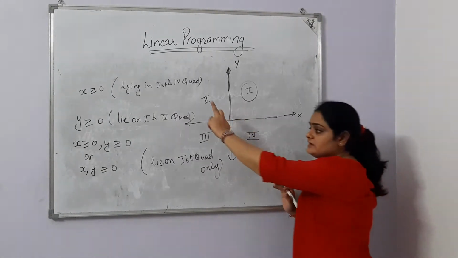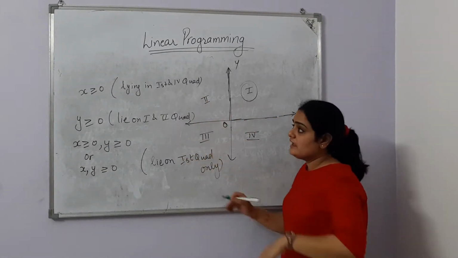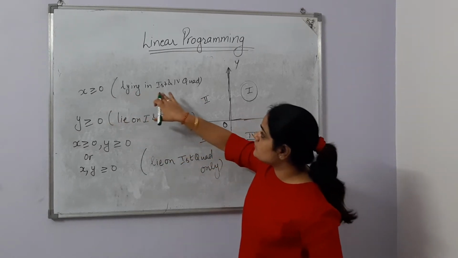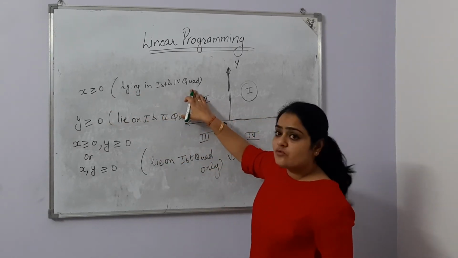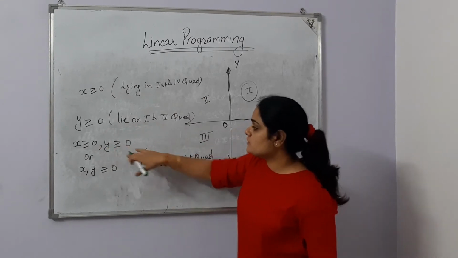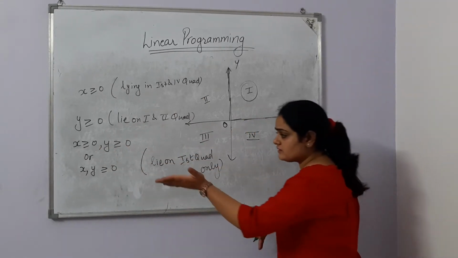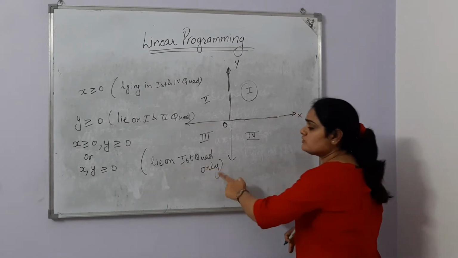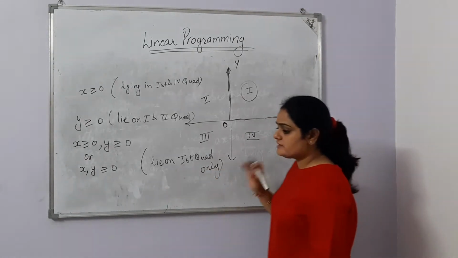If these conditions are given, you are restricted: x greater than or equal to 0 gives the first and fourth quadrant, y greater than or equal to 0 gives the first and second quadrant, and both in combined form give the first quadrant only. So these are the conditions.